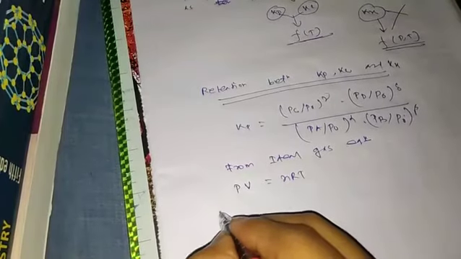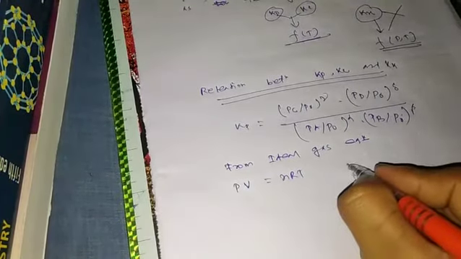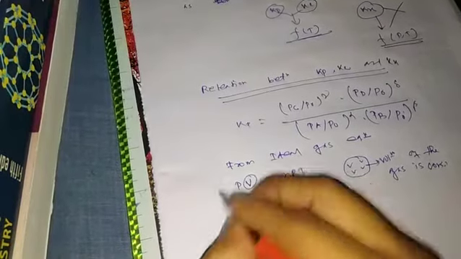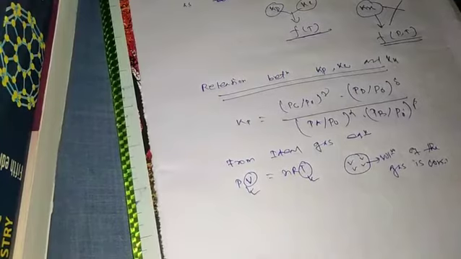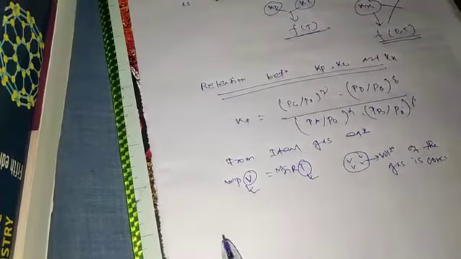Now for a mixture of gas, the volume of the gas is constant, so V is constant here and temperature is also constant, so here variables are pressure and number of moles.